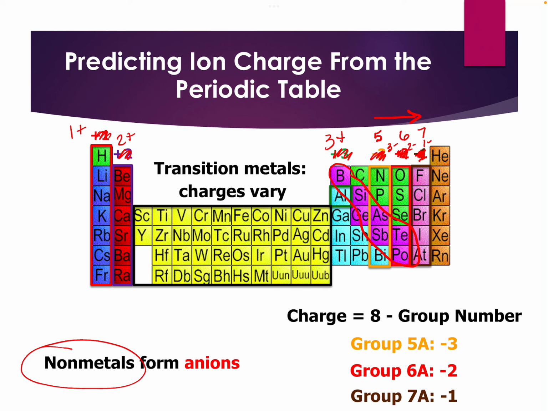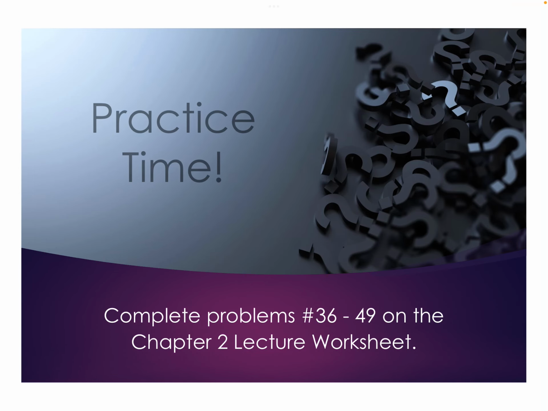Remember, everybody's trying to get 8 valence electrons. The noble gases over here do not form ions because they already have 8 valence electrons. There's no reason for them to gain or lose electrons because they already have that magic number. They already have 8, so they are satisfied.